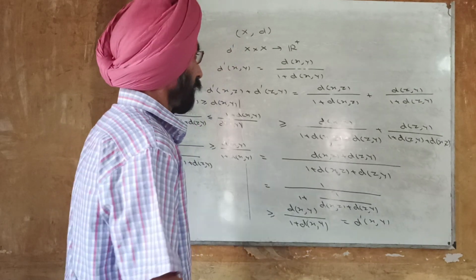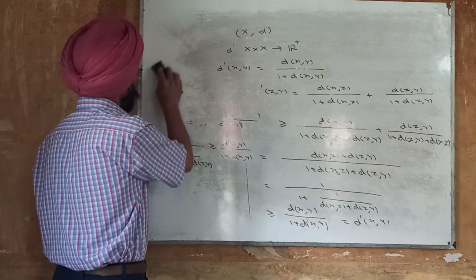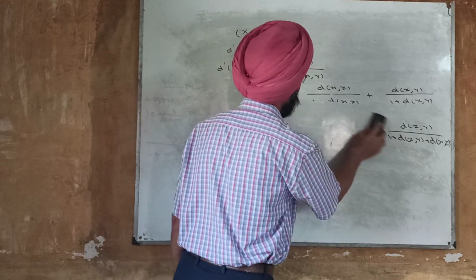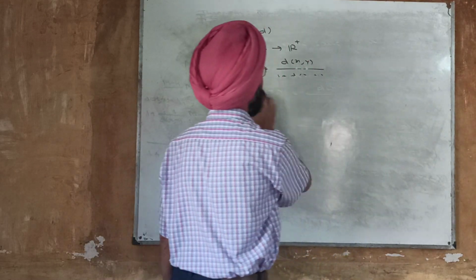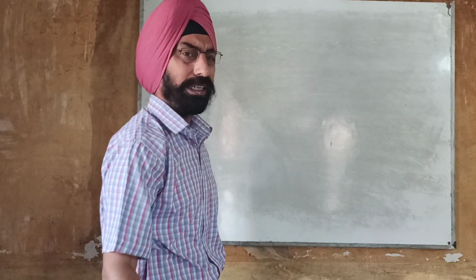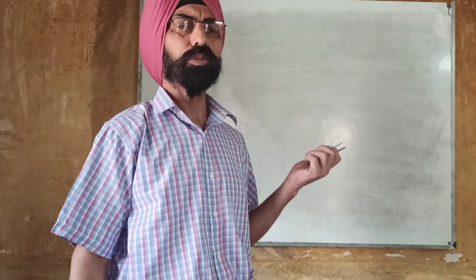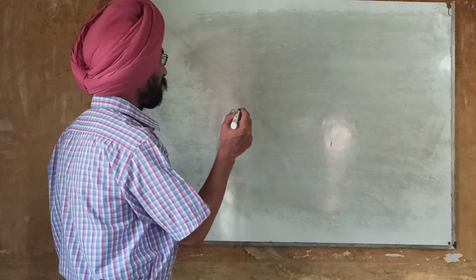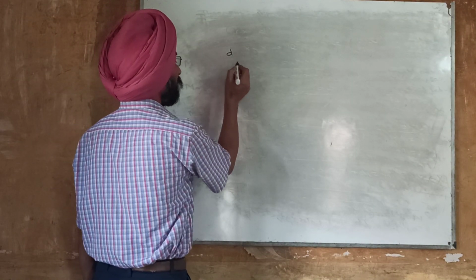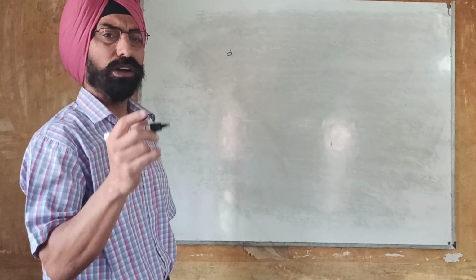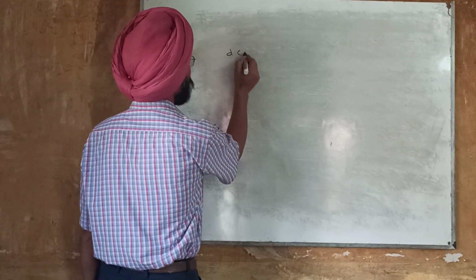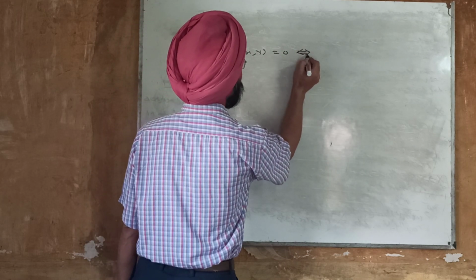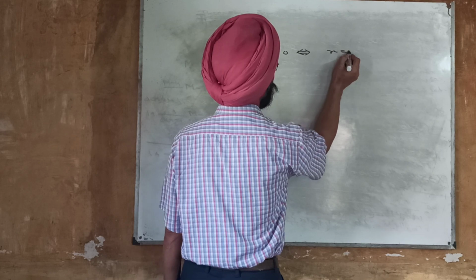Now, next I am going to give the definition of a pseudo metric space. What is a pseudo metric space? In a pseudo metric space, the things are almost the same, leaving one property. That is the third property, the property of equality, where we were saying that d of xy is 0 implies and is implied by x equal to y.